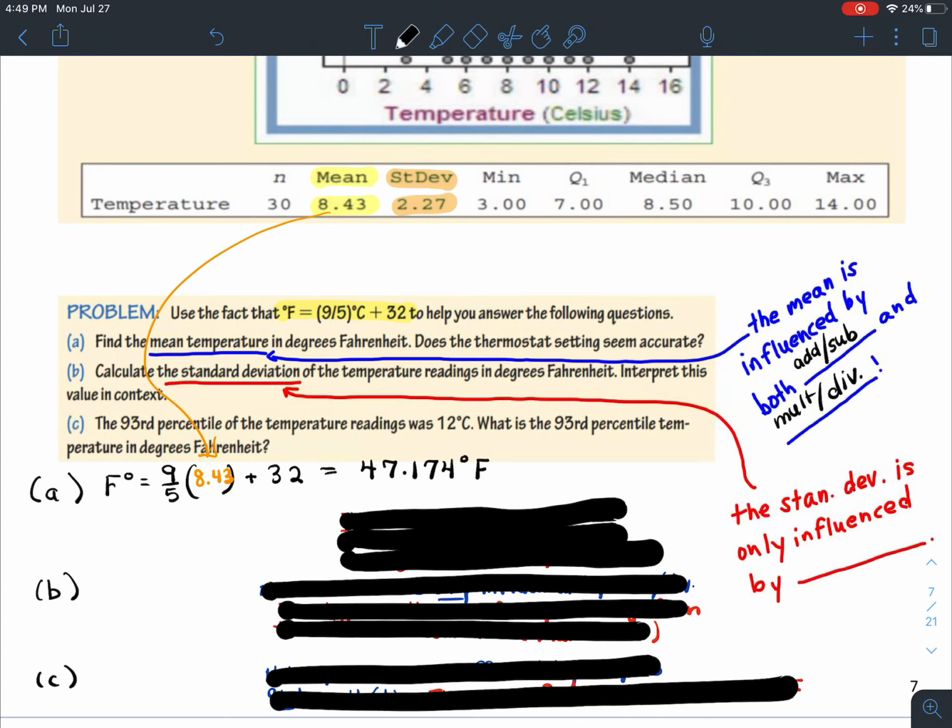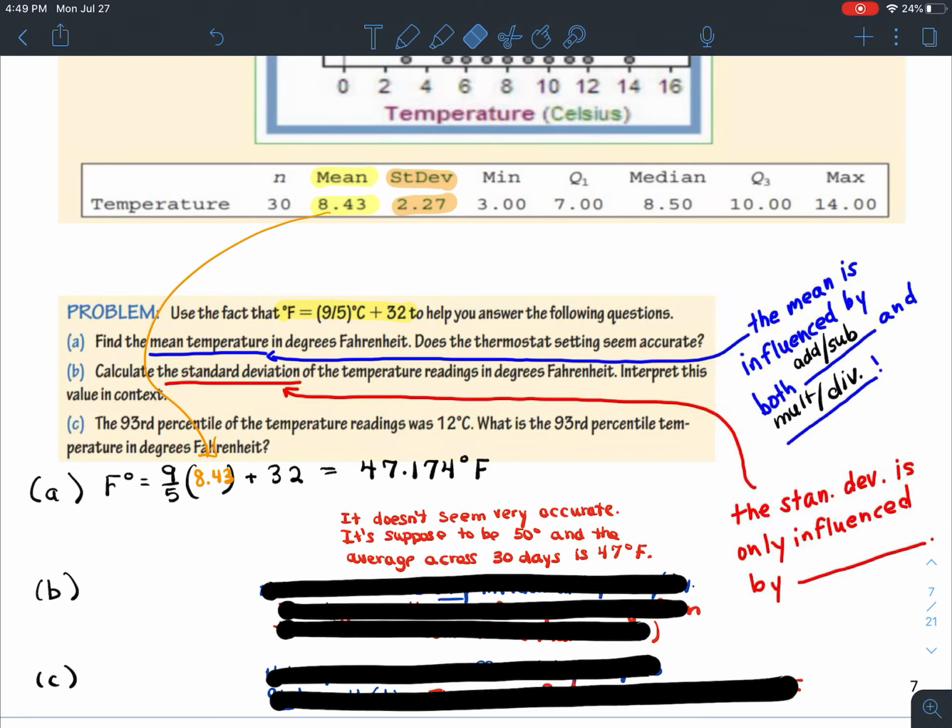That gives me a new mean, and this is in degrees Fahrenheit now, of 47.174 degrees. So it doesn't seem very accurate because it's supposed to be 50 degrees and the average across 30 days is 47 degrees.